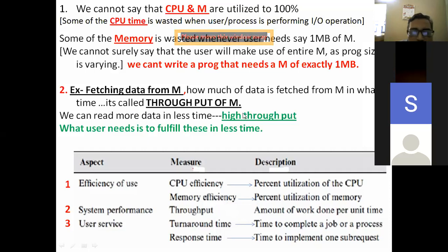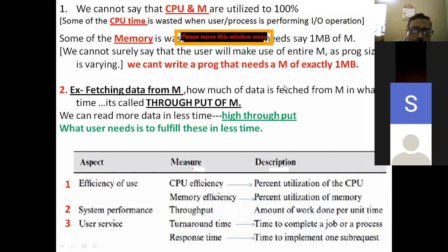Hence, this corresponds to high throughput. So when user needs are to be fulfilled in less time, whatever the user needs are, those needs must be fulfilled in less time. Suppose we are able to achieve this, then I can say the throughput will be high.